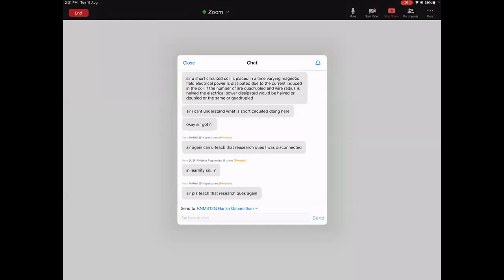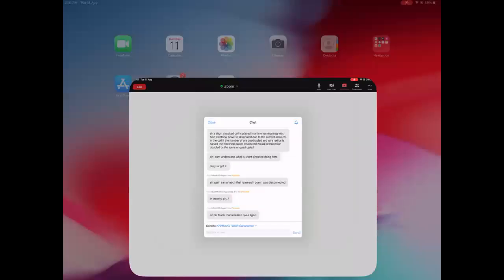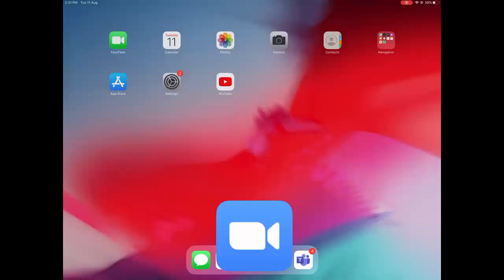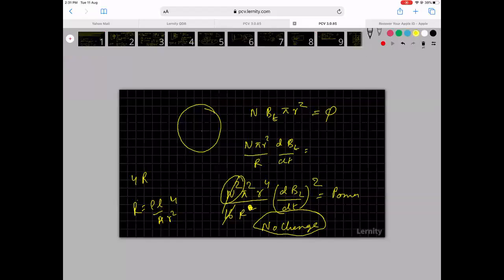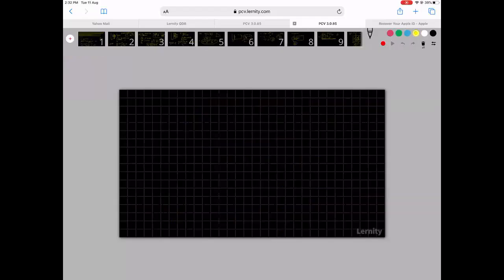That research question you are asking. Okay, I have not seen the full question, so I'm just explaining the question. Somebody wants to create a magnetic field in a particular region.